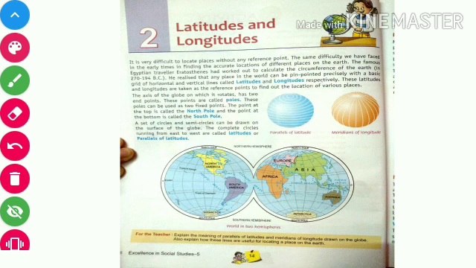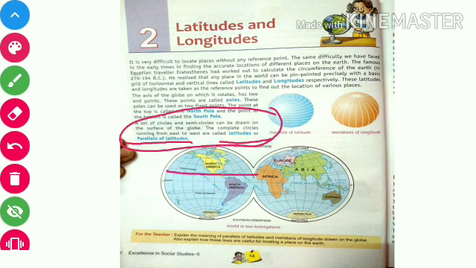A set of circles and semicircles can be drawn on the surface of the globe. The complete circles running from east to west are called latitudes or parallels of latitude. I have told you that a set of circles running from east to west are called latitudes or parallels of latitude.